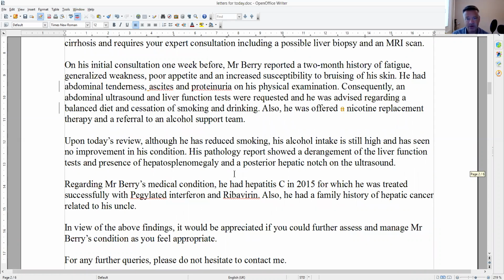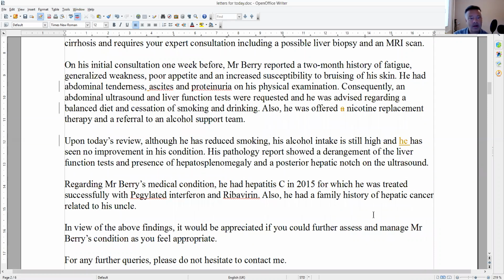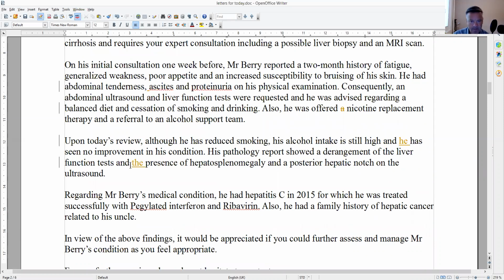Upon today's review, although he's reduced smoking, his alcohol intake is still high, and he has seen no improvement in his condition. His pathology report showed a derangement of liver function tests. The presence, I put a definite article there, of hepatosplenomegaly, if I've said that right, and a posterior hepatic notch on the ultrasound.